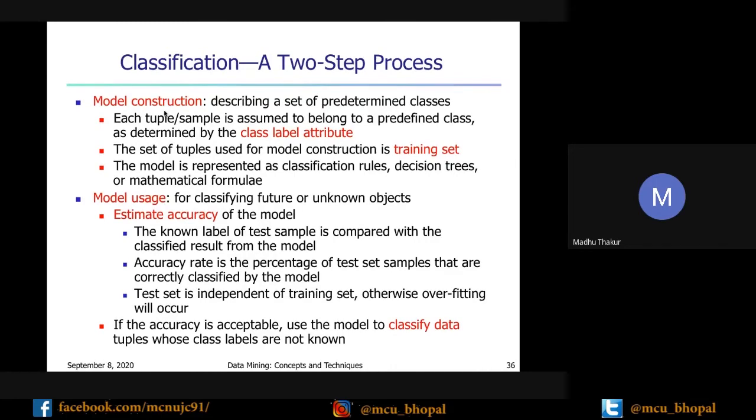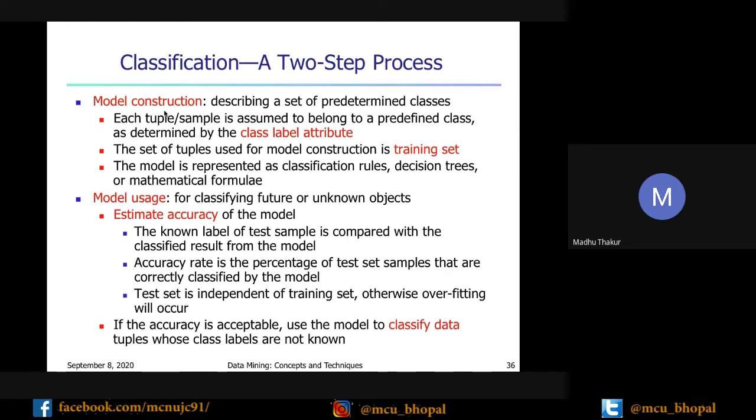In general, if you have 100 tuples, then you can use 75 or 80% of the records for training purposes, and 20 records you can use for testing purposes. You cannot use the whole data as training, nor half of the data or 25% for testing, otherwise the overfitting problem will come.